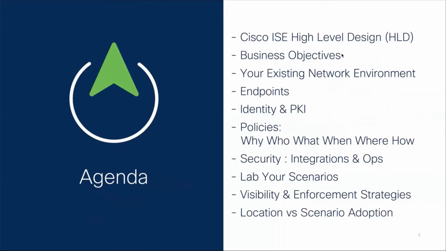And so we're going to be talking about some of the things in there, like objectives in your environment and taking stock of the different endpoints and PKI capabilities that you have, how you can use all this information to write some policies and potentially do integrations, play with it in your lab to validate things before you actually push it out to your live production environment to do enforcement on all these different scenarios. So that's kind of what we're going to try to do here today.